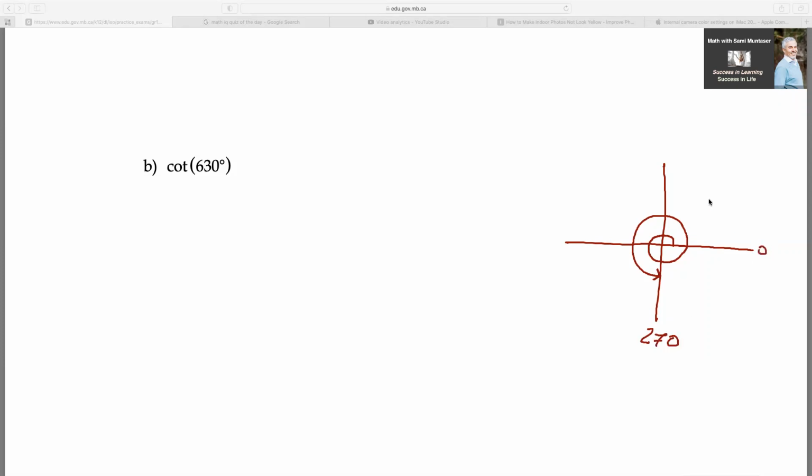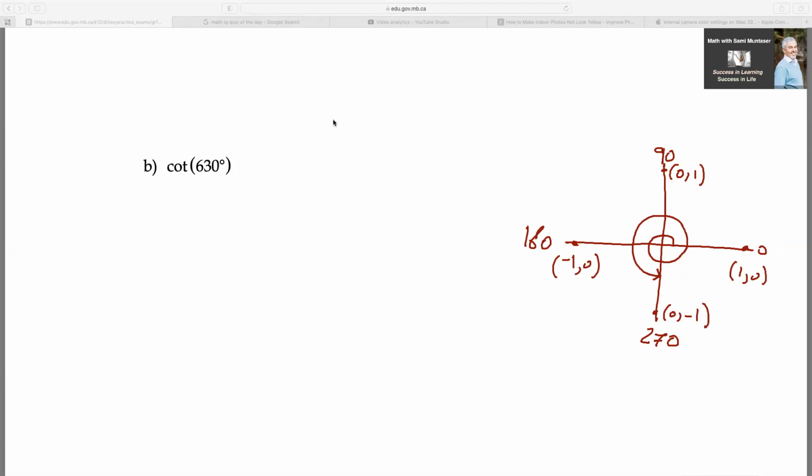So you know how this is 0, this is 90, this is 180. And with the unit circle, that's 1 and 0, that's 0 and 1, that's negative 1 and 0, and that is 0 and negative 1.